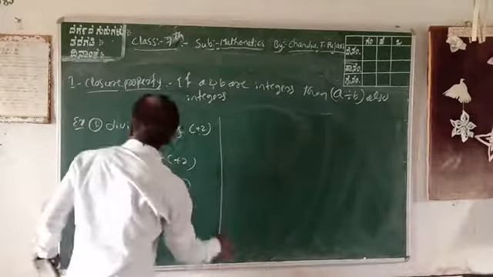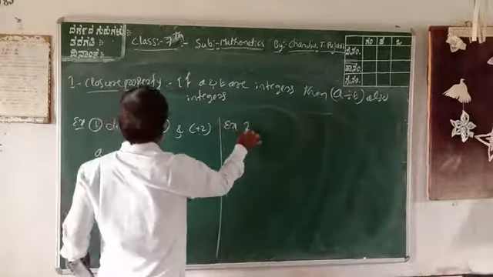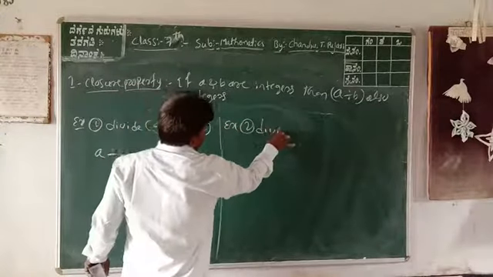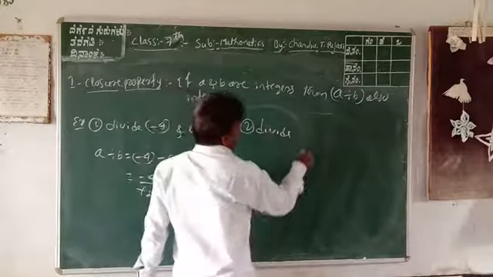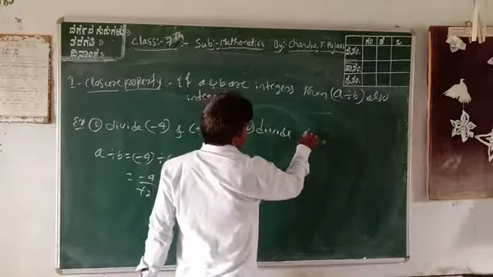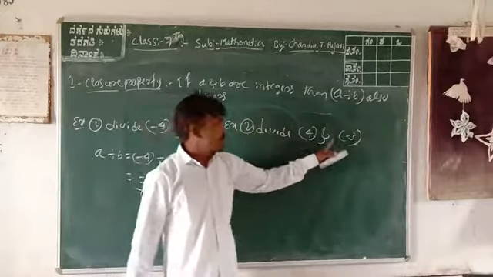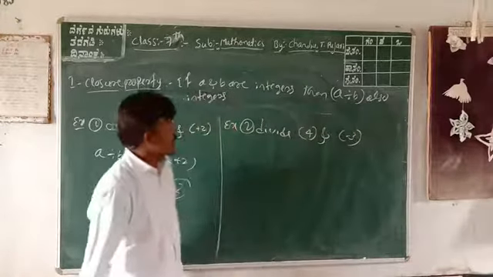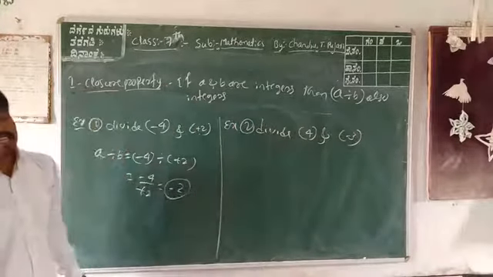But another time, example number 2. Divide 4 and minus 3. A is 4, B is minus 3. You can check yourself closure property under division.